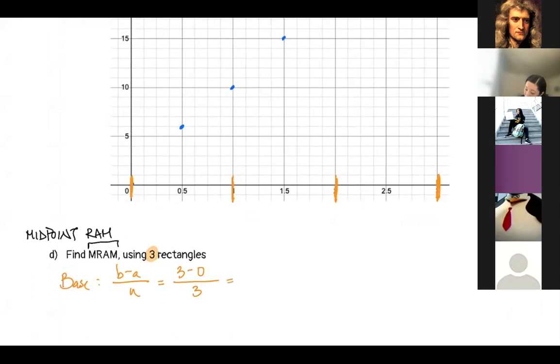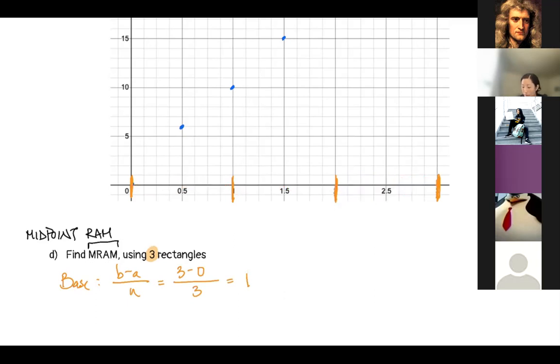And so the base of each rectangle should be 1. And if we look at our picture, this is 1, this is 1, and this is also 1. Okay.